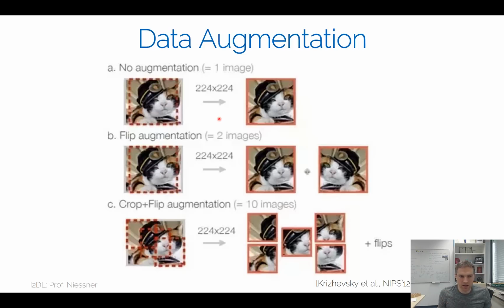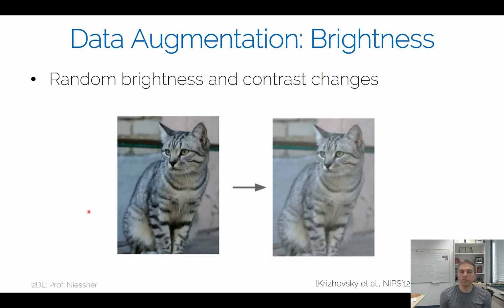And simple things are flipping and cropping and all kind of combinations of that. Other things, what people want to do is random brightness and contrast changes. This kind of makes sense as well, because these are actually things that you will see a network having to be invariant to.